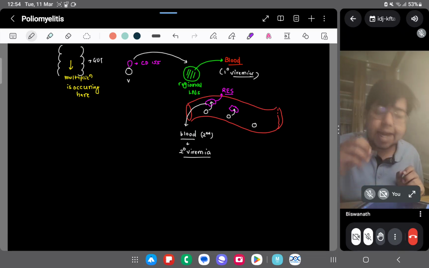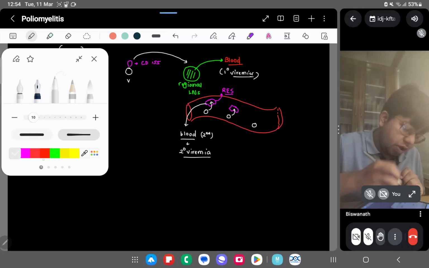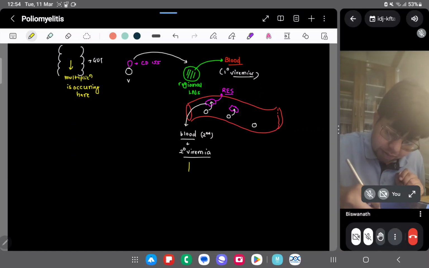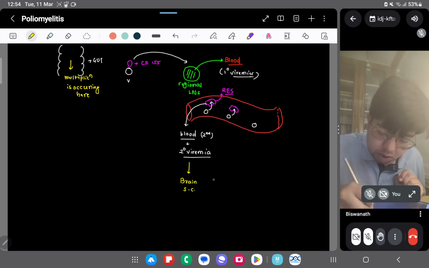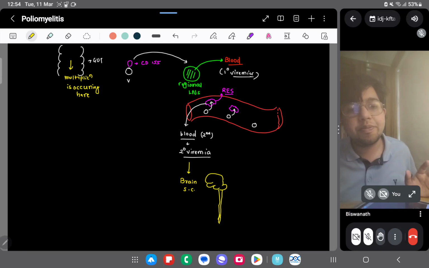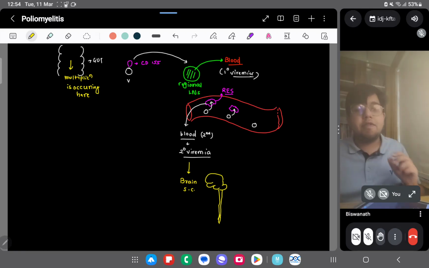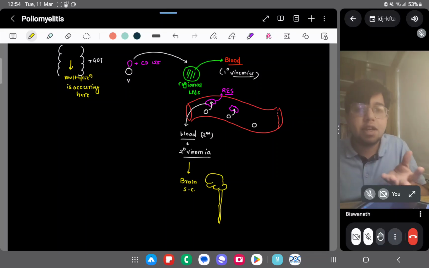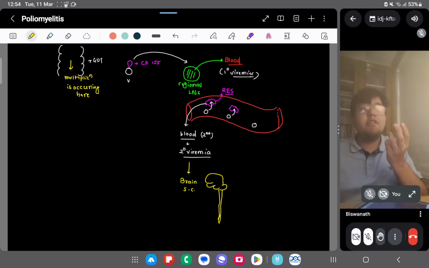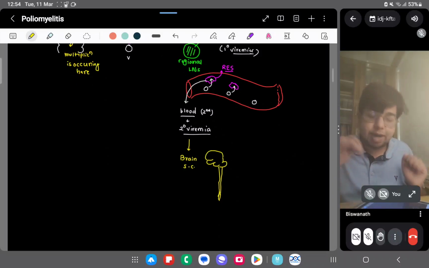The second time they enter the blood, they move to the brain and spinal cord. So this is the place they will be going, the brain and the spinal cord, right? And along the nerve, let's say your glossopharyngeal nerve, it will move to the anterior horn cells of the spinal cord.